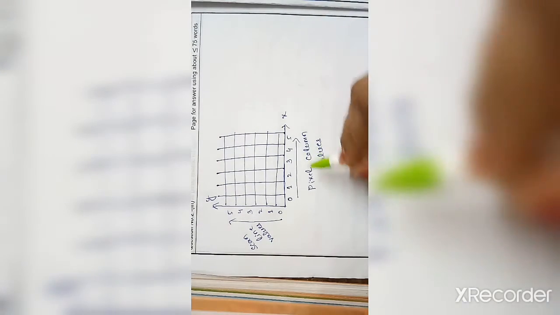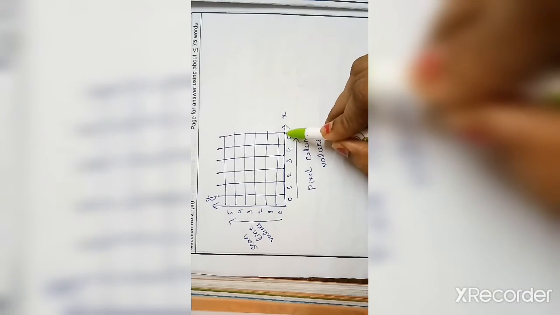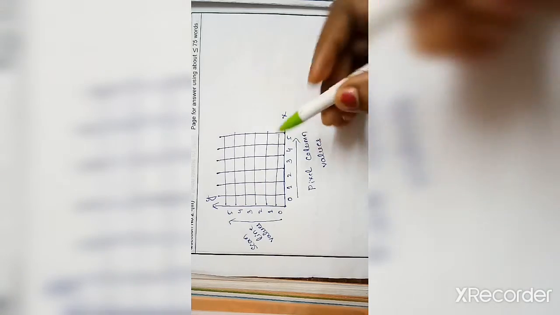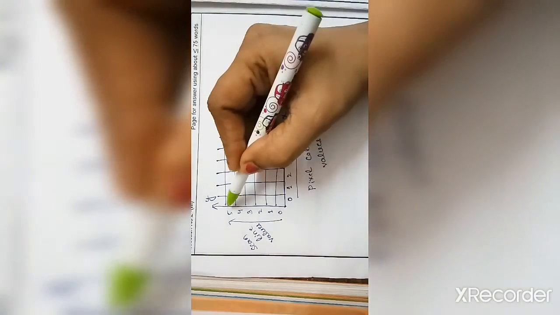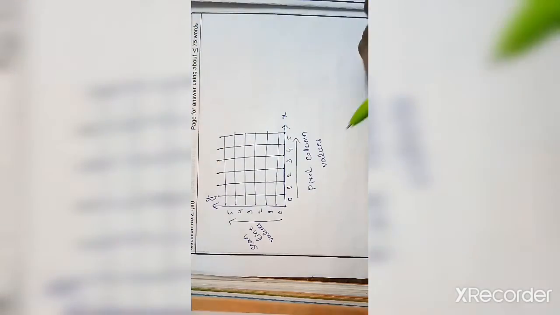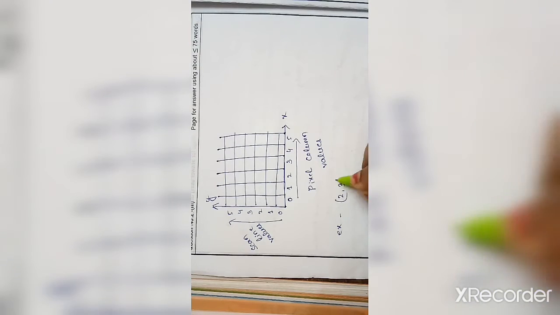Pixel column values start from left to right, and the scan line values start from bottom to top. So when we plot a point, for example, the point coordinate position is 2, 3.